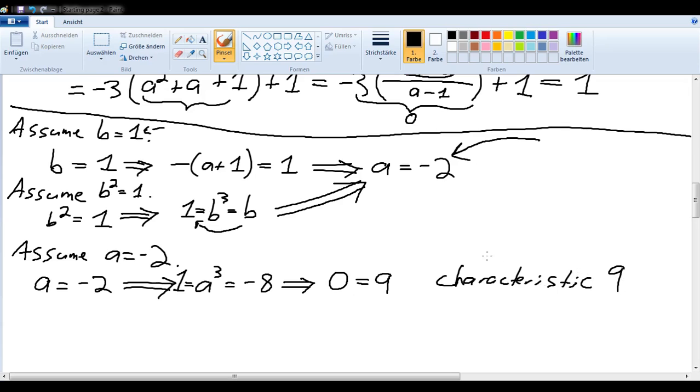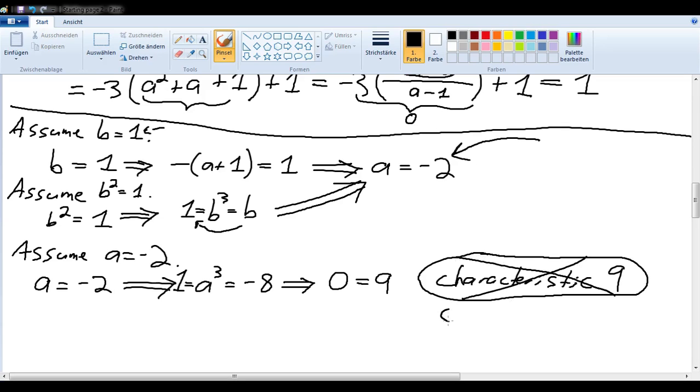But that cannot be the case because all finite fields have a prime characteristic. So the only other thing that could happen is that we would be dealing with characteristic 3. Right? So if we were dealing modulo 3, 0 would also be equal to 9.